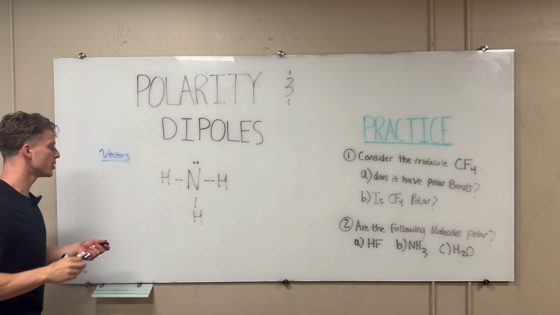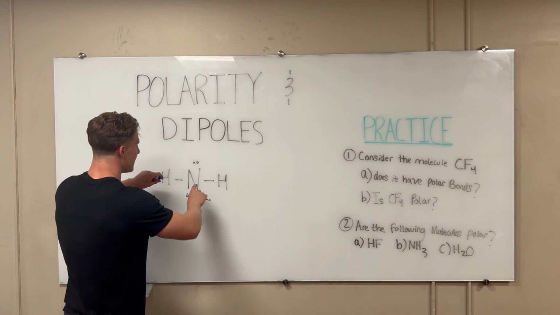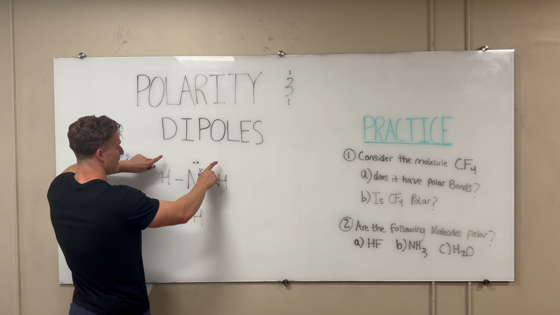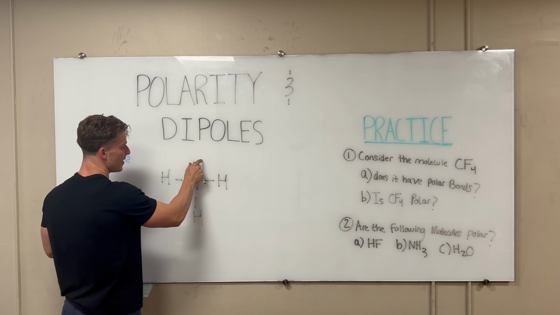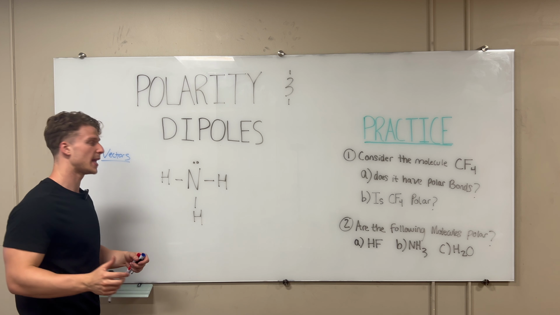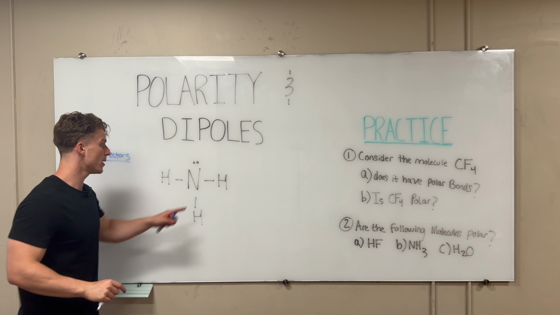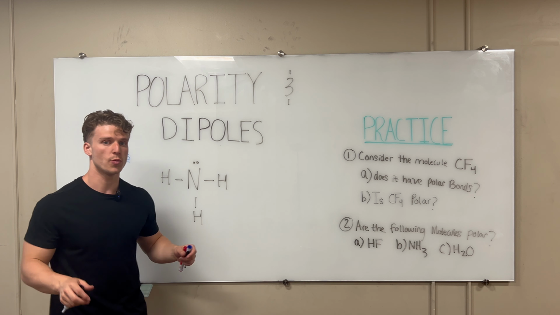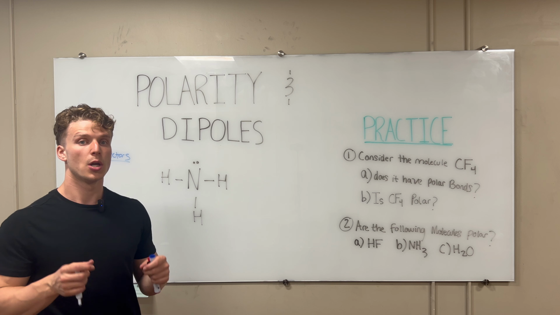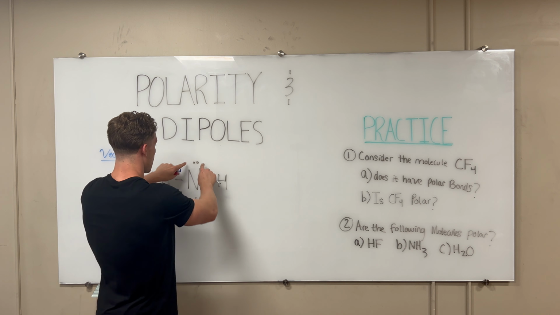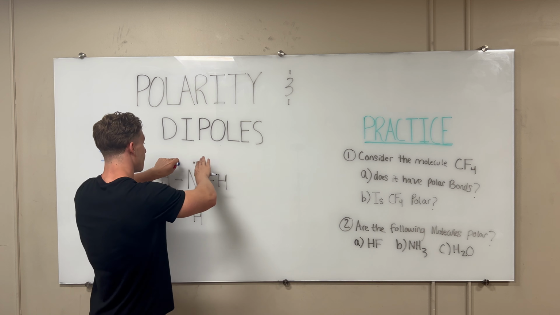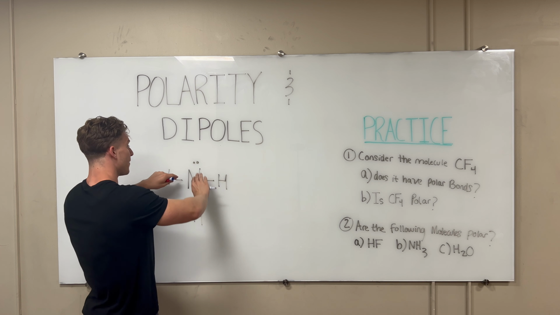Now, it's important to note, the reason why I didn't draw these hydrogens in a symmetrical fashion, right, surrounding the nitrogen, is because this lone pair is made up of electrons. This covalent bond and this covalent bond are also made up of electrons. And remember, negatively charged things repel. So the electrons here and the electrons here are going to repel each other to make it have this shape, right?